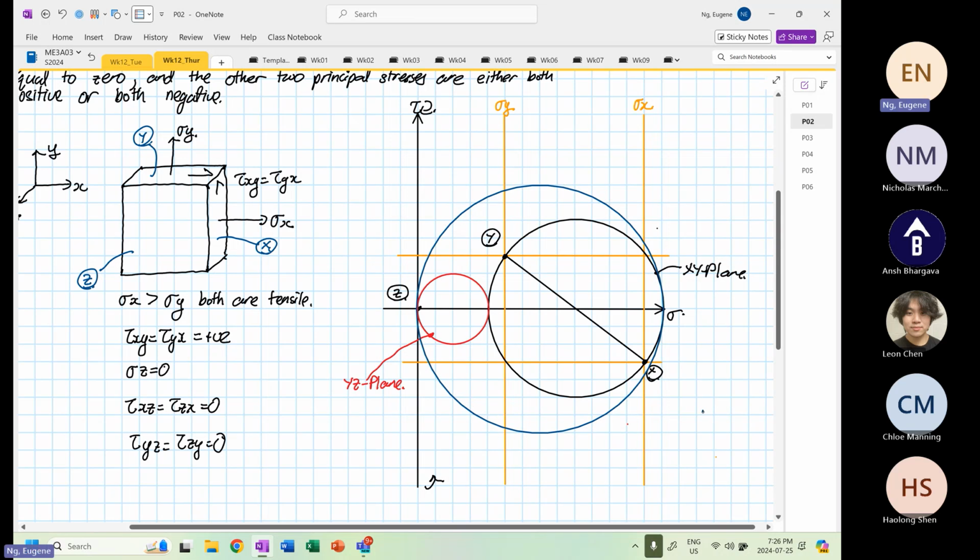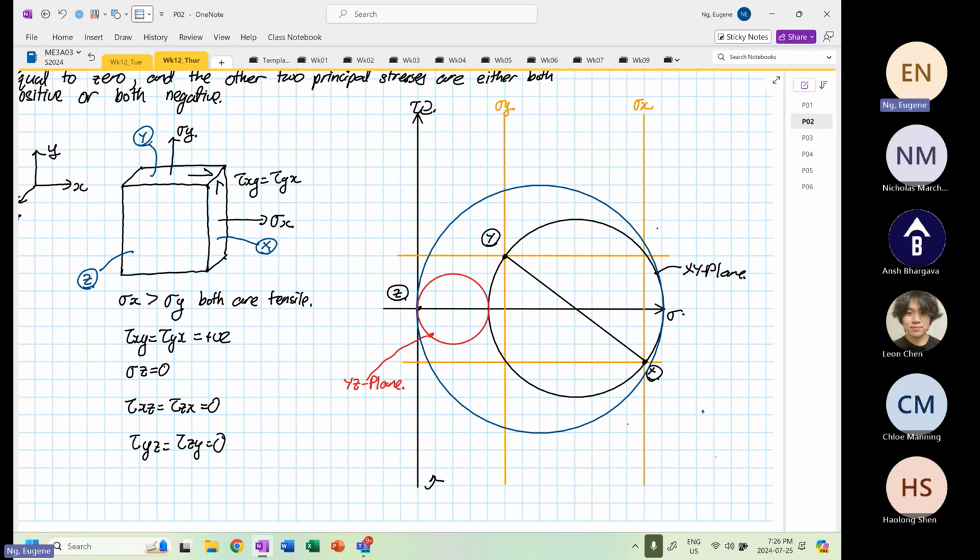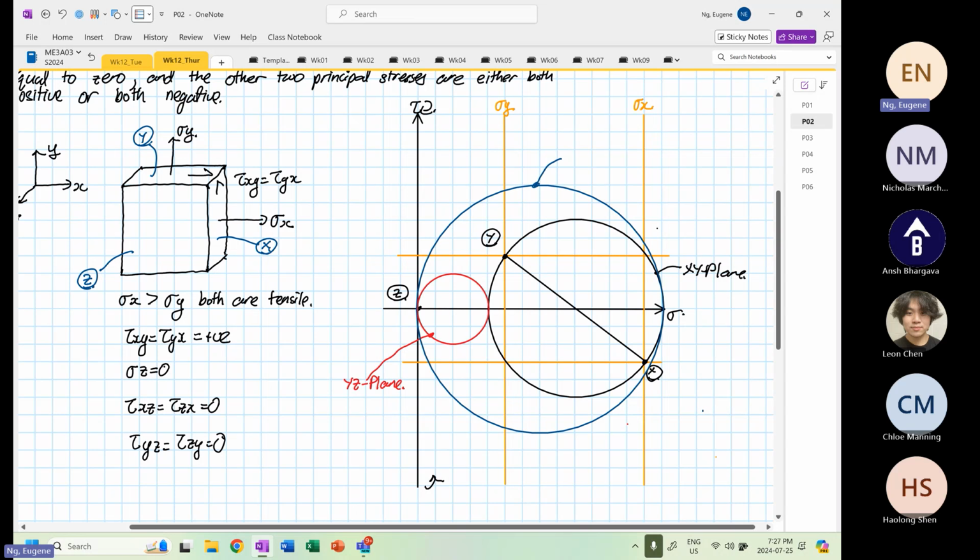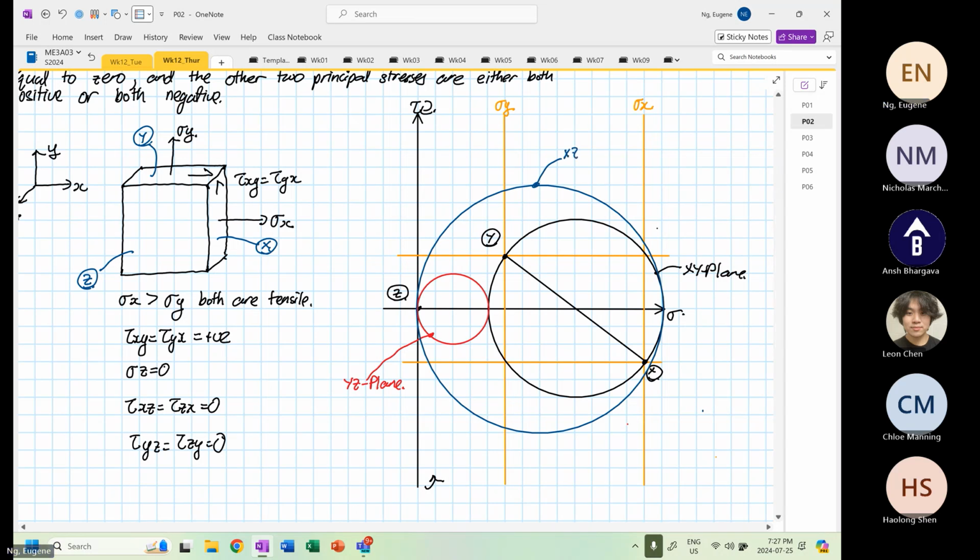So that's why we have to use the 3D Mohr circle. You cannot use 2D, okay? You have to use 3D. So over here, we have our XZ plane.